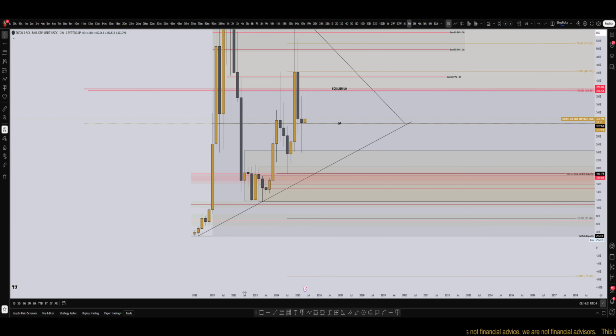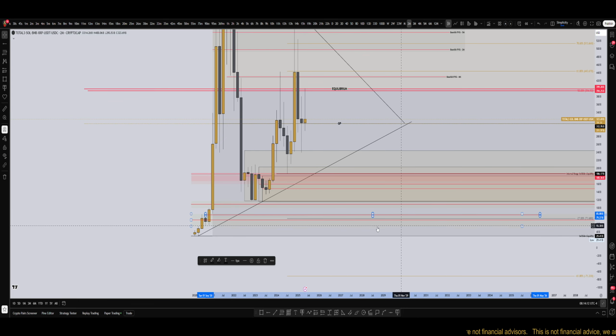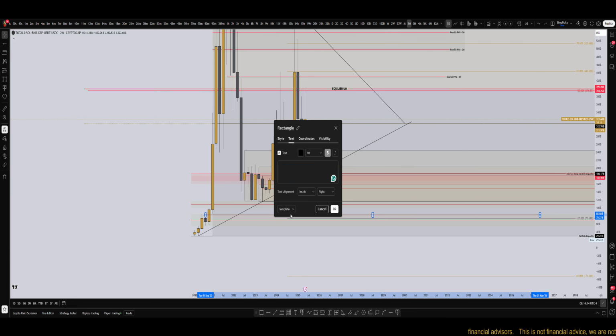There is a bullish fair value gap here. Bullish FVG.